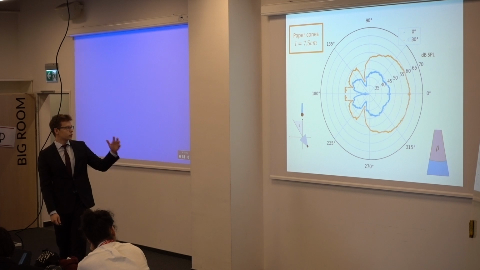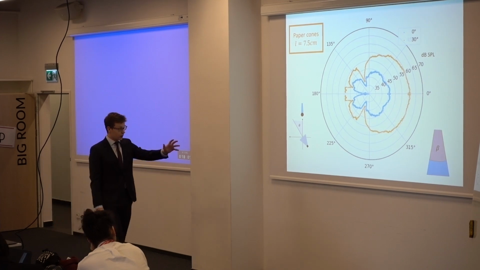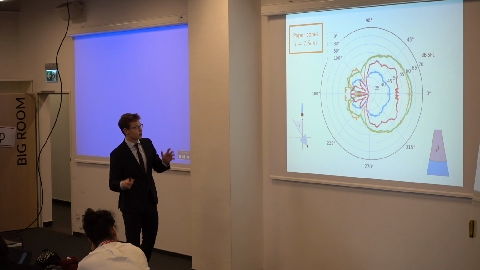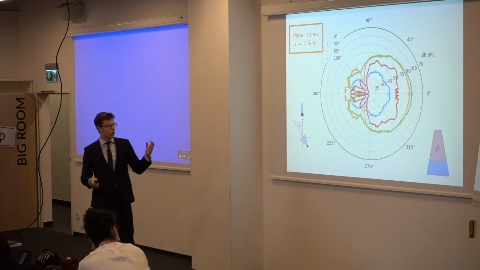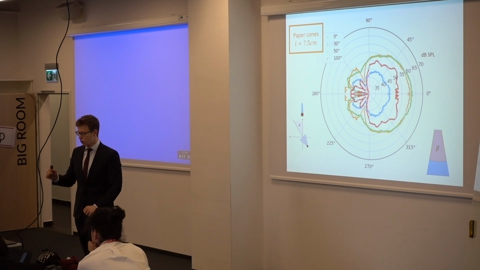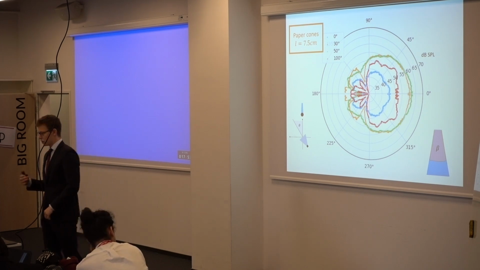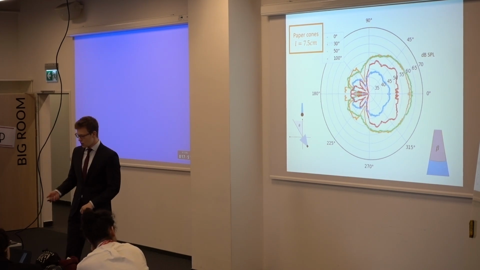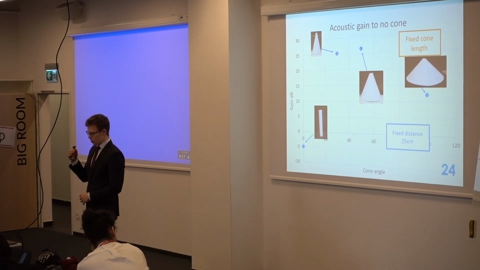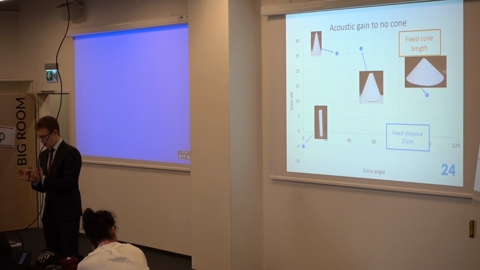You can see some interference at the back, and this only amplifies when we add an even wider horn of 100 degrees, where the interference at the back and front is so high that the overall acoustic output is smaller than at the lower angles. Okay, so we plotted a graph of the acoustic gain compared to the no cone setup for different angles of horns.